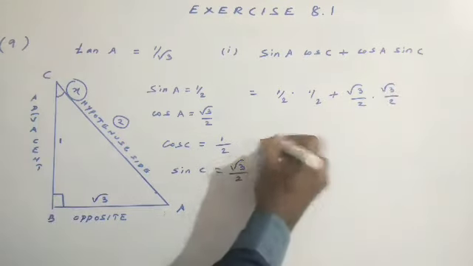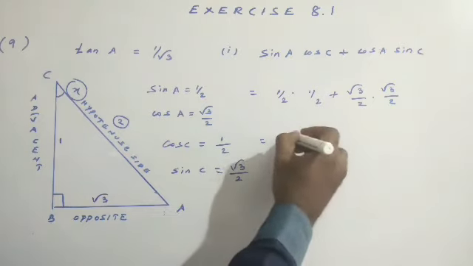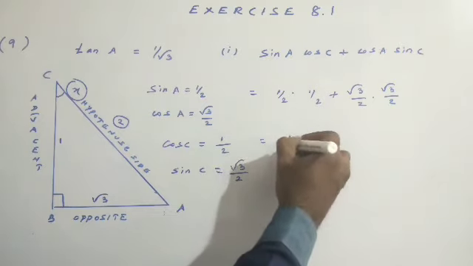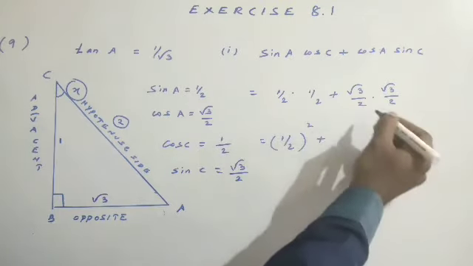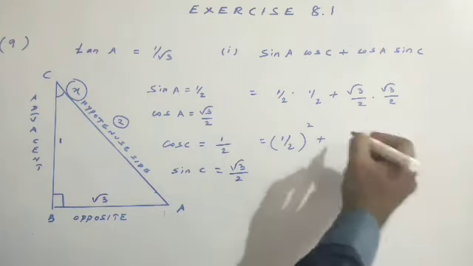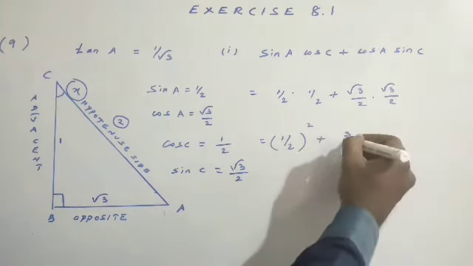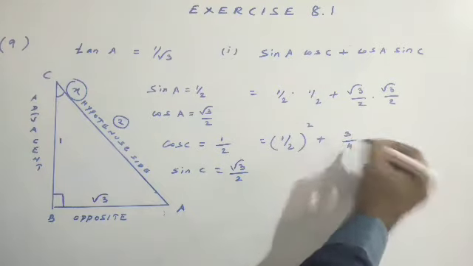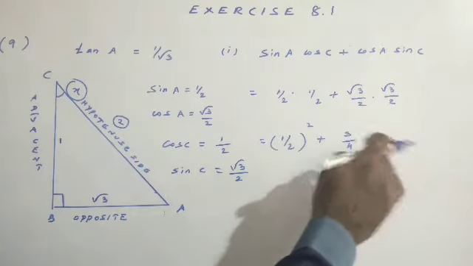Now the values are the same. Squaring this value, we get 1 by 2 the whole square. Here also the same value: root 3 by 2 into root 3 by 2 means root 3 into root 3, root 3 square, that is 3; 2 into 2, that is 4.